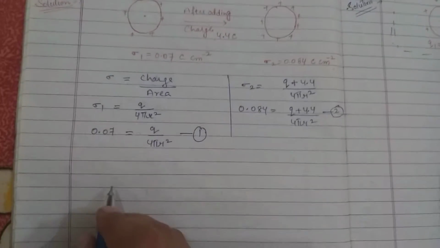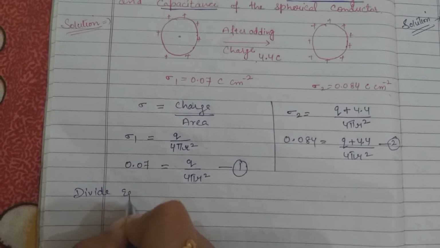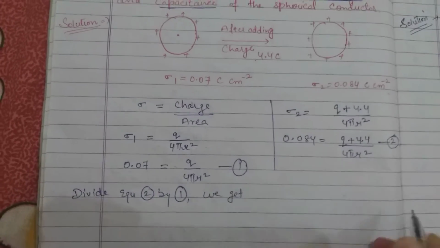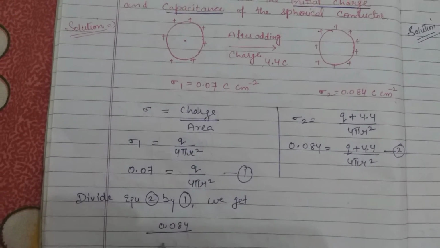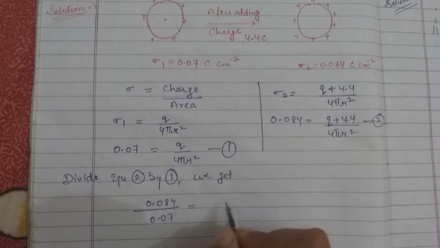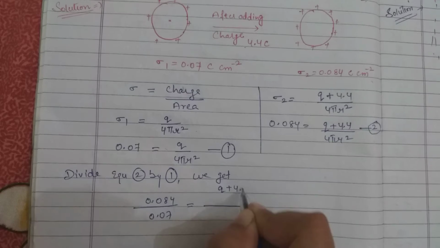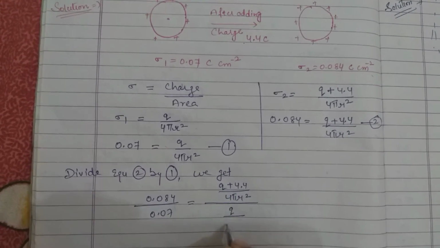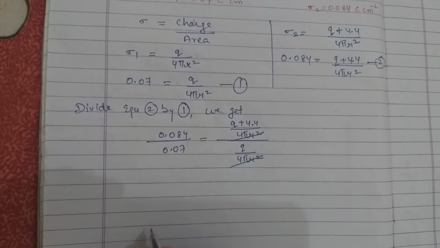So now divide equation 2 by 1. We will get 0.084 divided by 0.07 equal to q plus 4.4 upon 4 pi r square divided by q upon 4 pi r square. Now cut the terms, 4 pi r square, 4 pi r square.